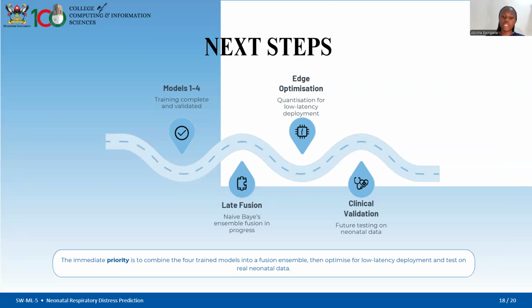So we are going to be doing late fusion, and we are going to use a naive Bayes ensemble fusion. And then we are looking at edge optimization, where we want to do quantization for low latency deployment. And then we are also seeing clinical validation in our future. So our immediate priority right now is to work on the late fusion ensemble.